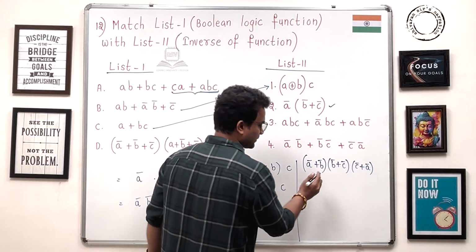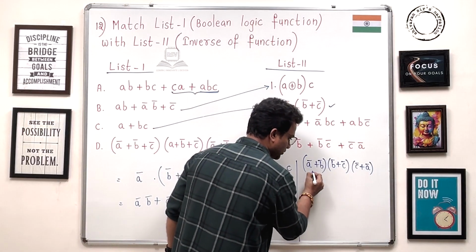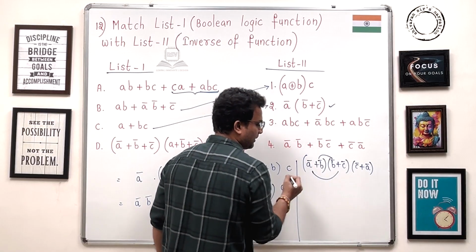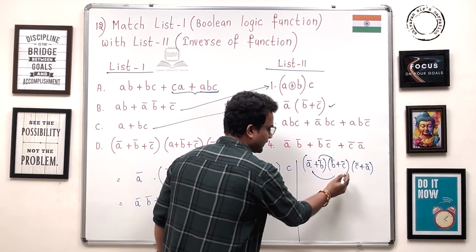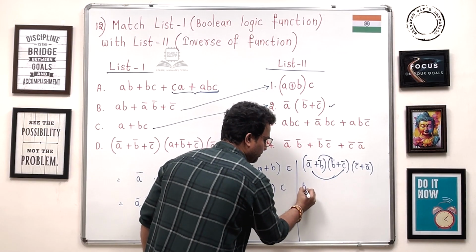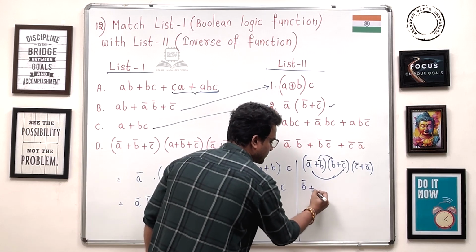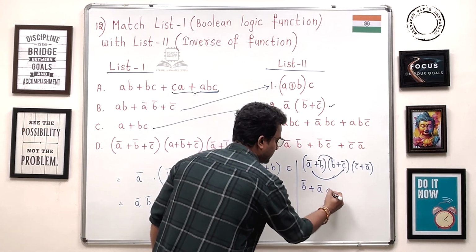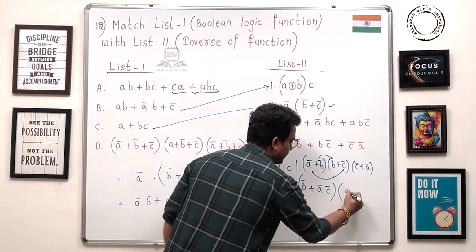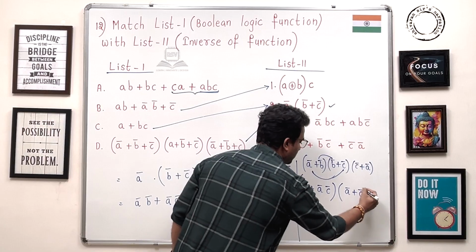Now guys, you see these two. This is B bar common, right? So you can take A bar C bar by using the distribution theorem, B bar plus A bar C bar. Got it? Again here A bar plus C bar.